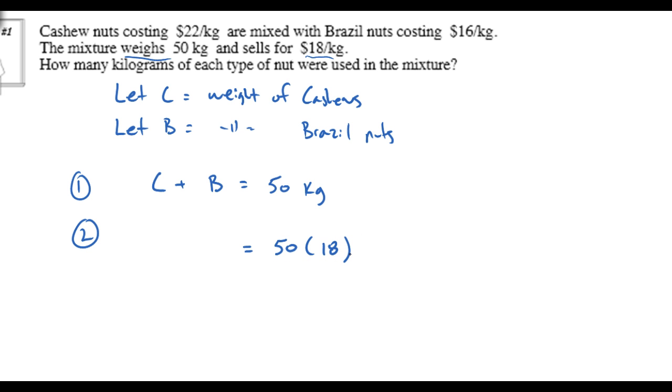Now you have to ask yourself, how much of the entire cost did the cashews contribute, and how much did the Brazil nuts contribute? Well, the cashews cost $22 per kilogram, and then how many kilograms? Again, I should probably say this up here, I should say weight of cashews in kilograms, because they're both in kilograms. So I'm going to go $22 times C plus $16 times B.